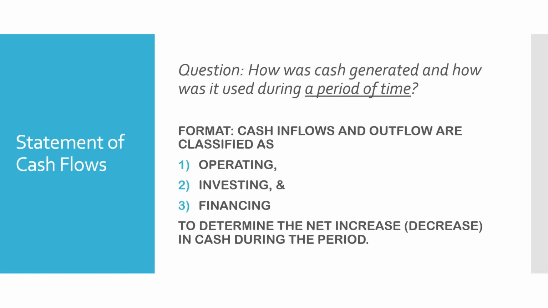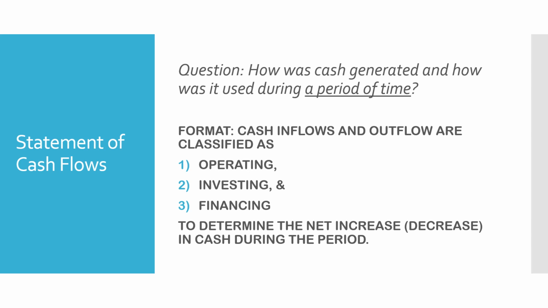Finally, we have the statement of cash flows, and by looking at this statement, we can tell how much cash was generated and how was it used during a period of time. So once again, that period of time, which we refer to as an accounting period, might be a month, it might be a quarter, it might be a year.